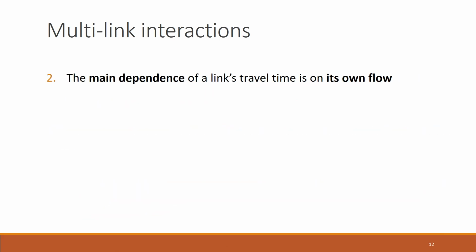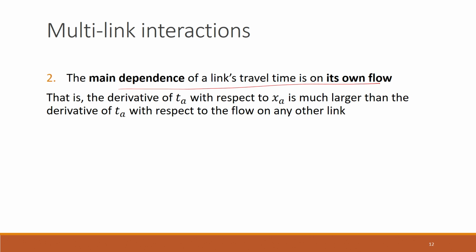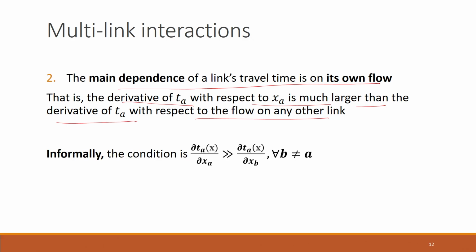The other condition is that the main dependence of a link's travel time is on its own flow. That is, the derivative of the travel time on link A with respect to the flow on link A is much larger than the derivative of travel time on link A with respect to the flow on any other link. So this is this condition here.